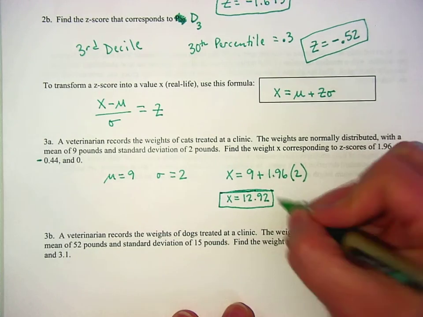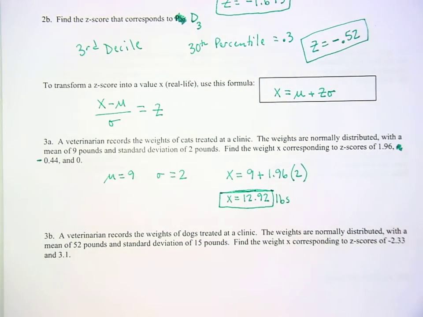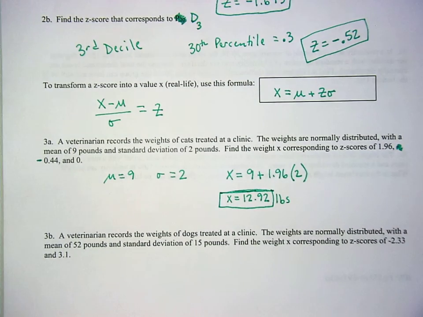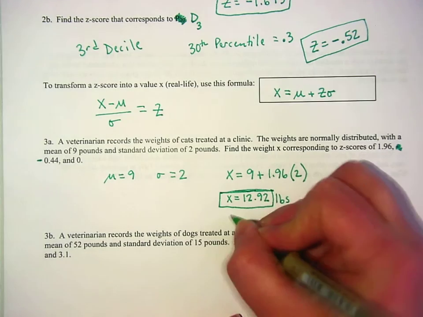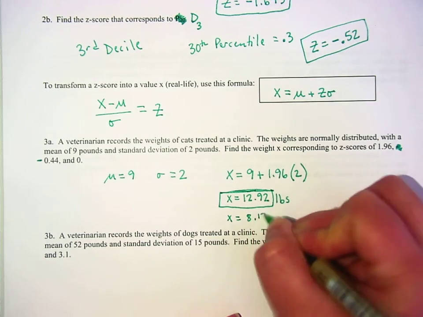All right, so that is our first one, 12.92 pounds. To find the second one, you would use the exact same formula. The only thing you're changing is what? The 1.96. So it changes to negative 0.44, which should be 8.12 pounds.